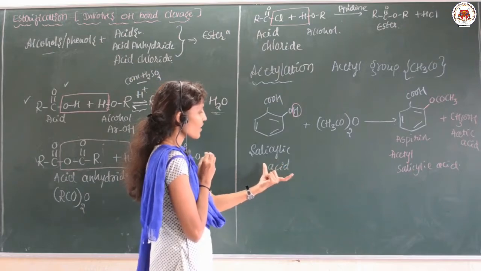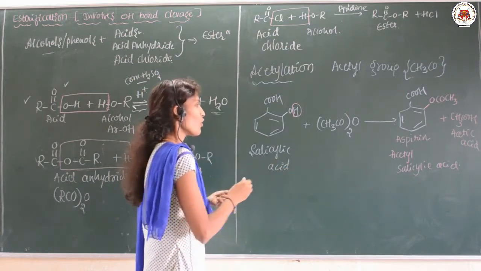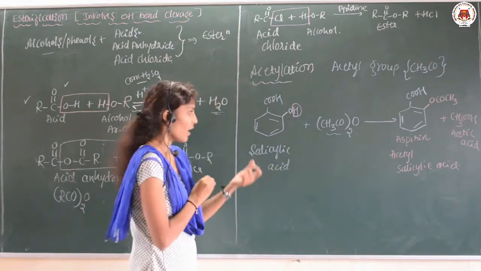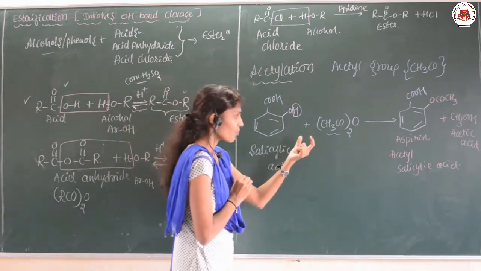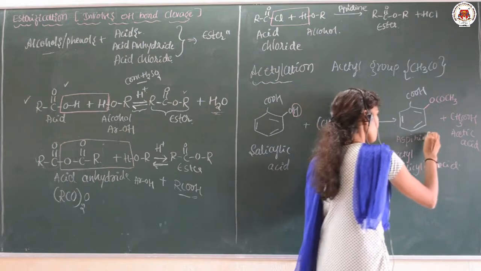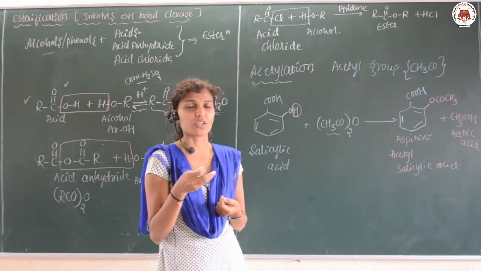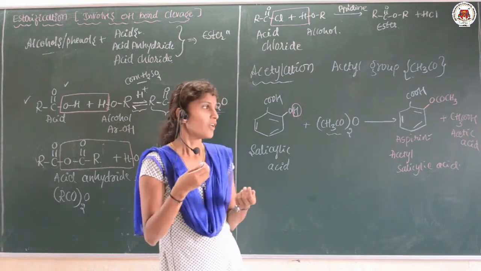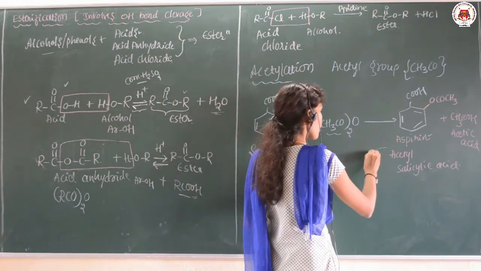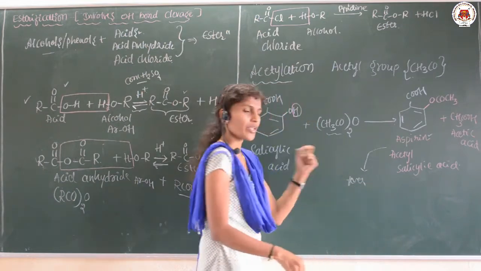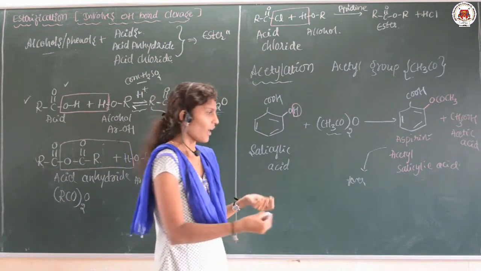Particularly we are taking salicylic acid as an example, to which we are adding the acetyl group. There is a formation of aspirin, and aspirin has a huge number of applications in the medicine field. This aspirin is used to relieve fever. Fever can be reduced by using aspirin.